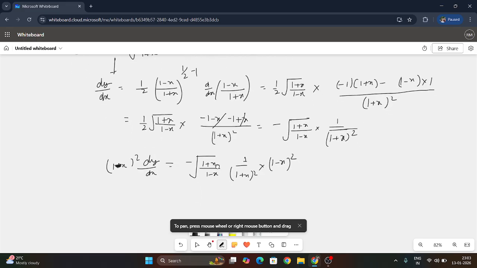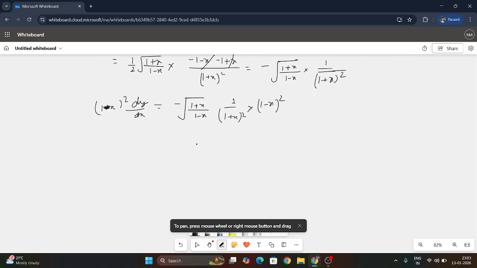And this is going to be minus of (1 plus x) by (1 minus x) into (1 minus x) and (1 minus x) divided by (1 plus x). And you can write it like this. Okay, it's going to be easy to understand.